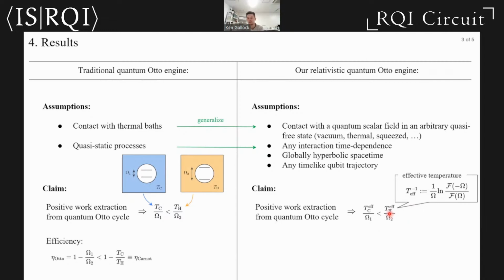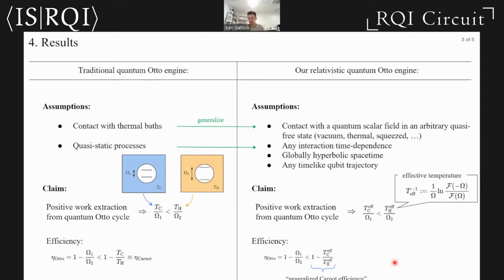So the effective temperature is something like a fictitious temperature, and it is determined by the response functions, meaning the response function is something like a transition probability between ground and excited states. And also, we can compute the efficiency of this cycle. And it turns out if you substitute this inequality here, then it is no longer Carnot efficiency, but instead, this can be considered to be a generalized version of Carnot efficiency.